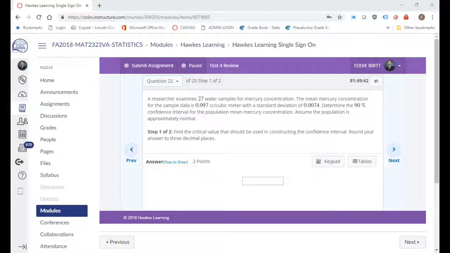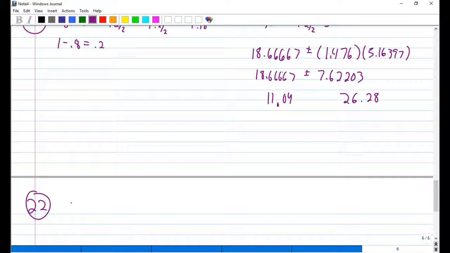All right, so our sample size was 27, so our degrees of freedom is going to be 26. Also, we have a 90% confidence interval. So that would be T sub alpha over 2. 90%, 1 minus 0.9 is 0.1, so 0.1 divided by 2 is 0.05.